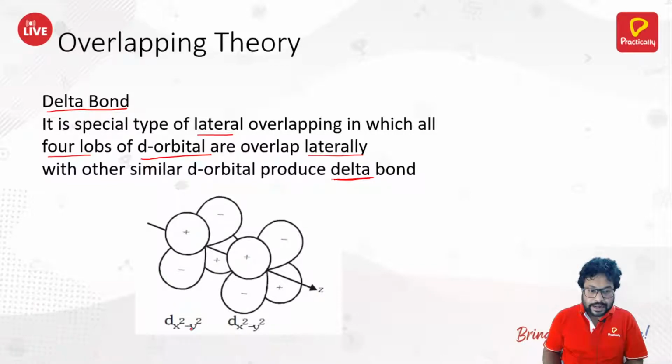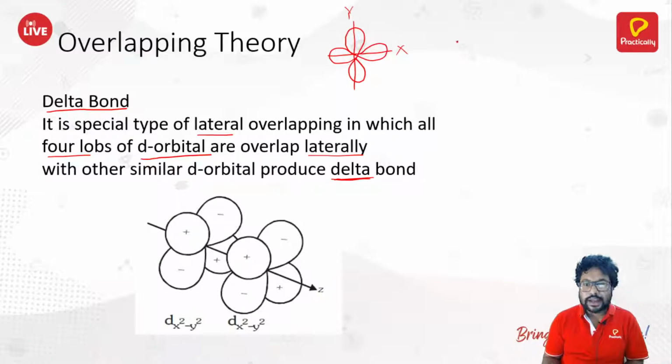Here you have dx square minus y square. That means if this is your x, this is your y, the orbital has to be like this, and then you have another x and y which looks like this. So this and this overlap laterally.